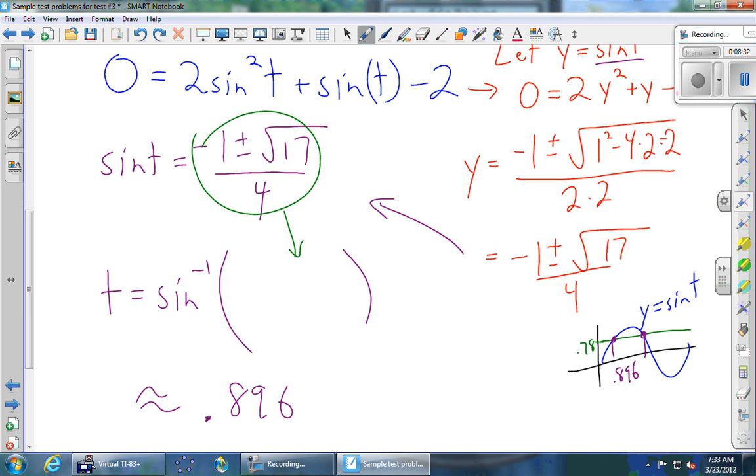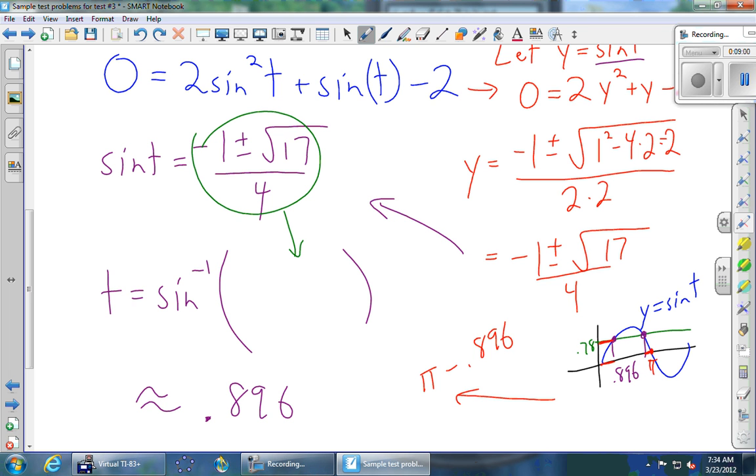So we need to think about using the symmetry. We know that this point right here is pi. We know that the distance from here to here, which is this distance down here, is 0.896. Okay, my picture is not really to scale, but I'm hoping you buy into the symmetry that says that this distance going backwards must also be 0.896. So the other answer must be pi minus 0.896.